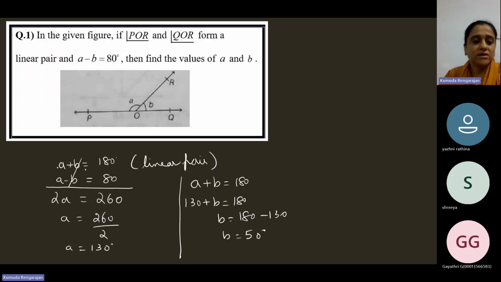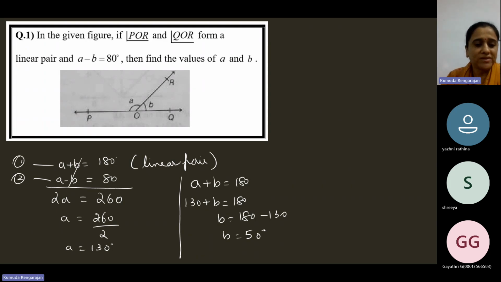Here it is equation 1 plus equation 2, because we haven't changed the signs of the second equation. So that means we've added the two equations.